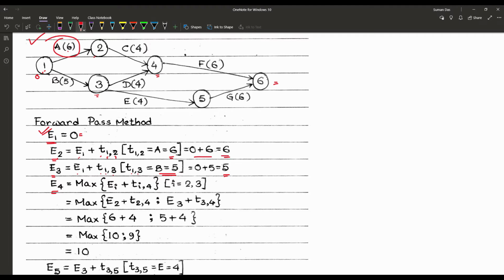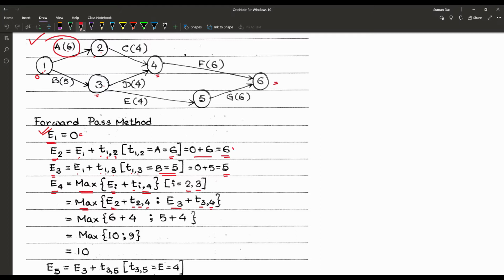So to calculate the E4, we have to use the maximum of EI plus TI comma 4, where I are the 2 and 3, that means from which nodes we are reaching to the node 4. So that is 2 and 3. So that means maximum of EI means E2 plus T2 comma 4 and E3 plus T3 comma 4.